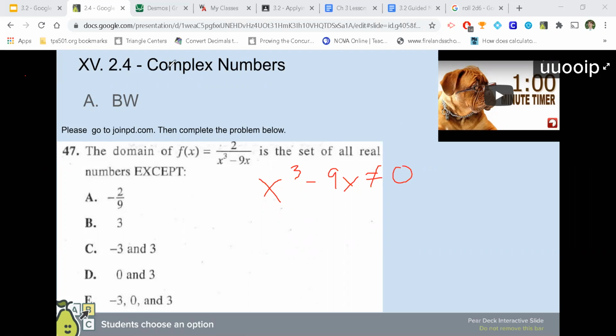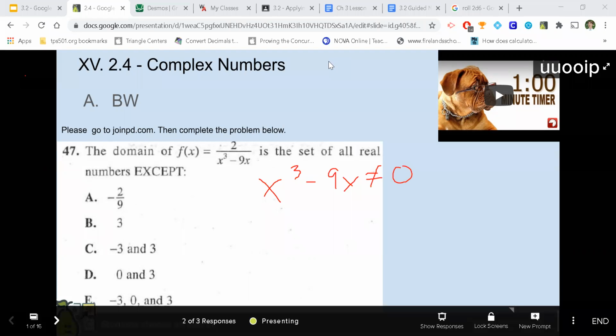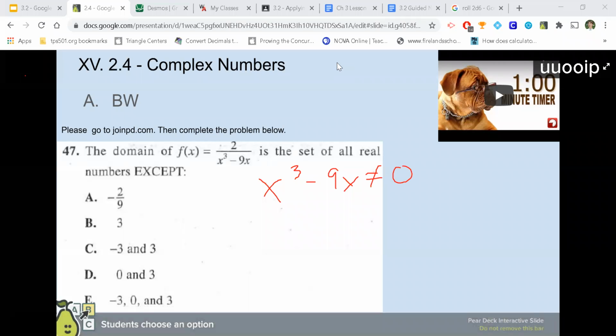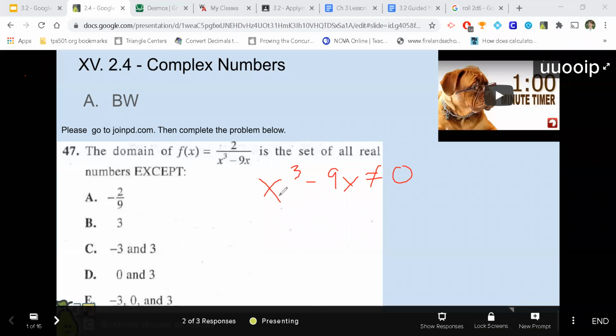All right, how do we solve this for x? Well, what have we been doing to solve things for x? We're looking for factors, right? If we could just factor this down into just linear x's where everyone has a power of 1, then we can get this problem done. So what can I factor out of these two?